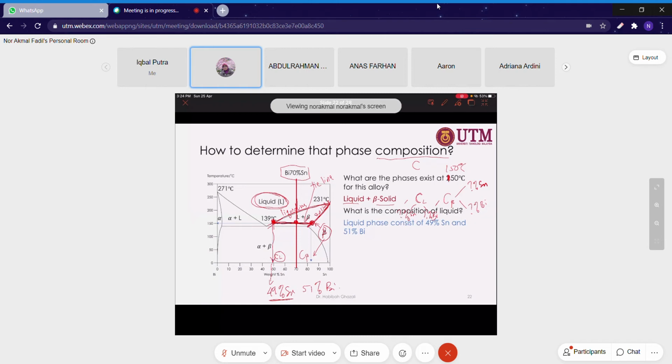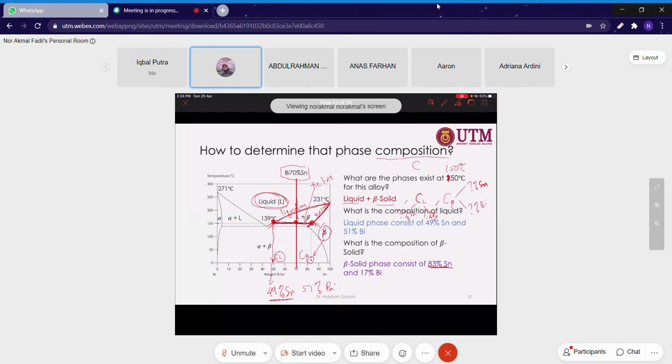And what about the solid beta phase? At 150 degrees Celsius, the beta phase contains 83% of stannum. Remember, stannum and bismuth have different properties.